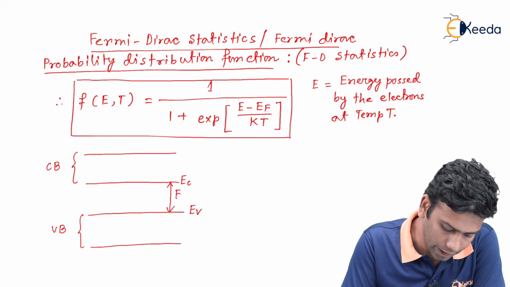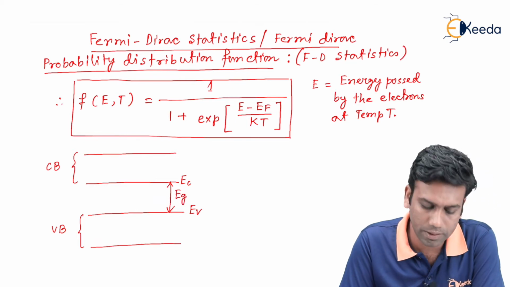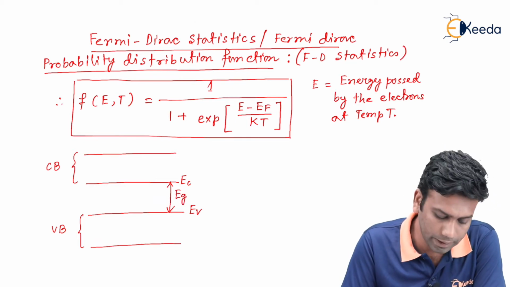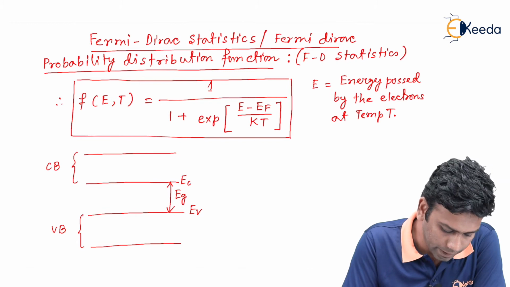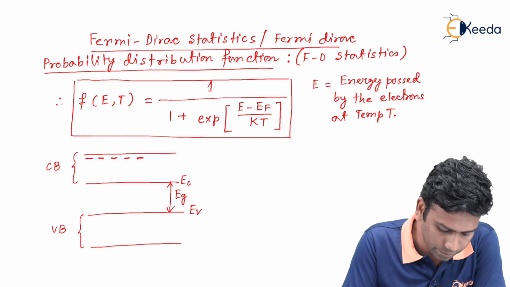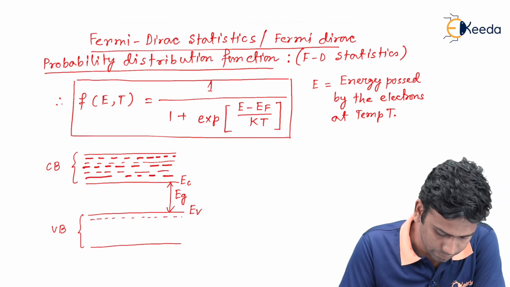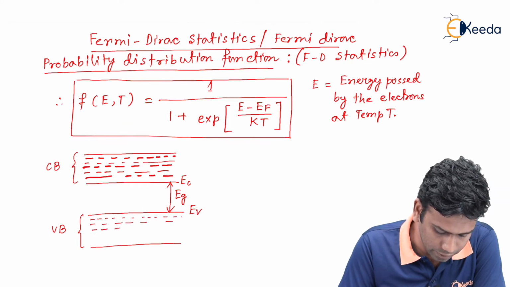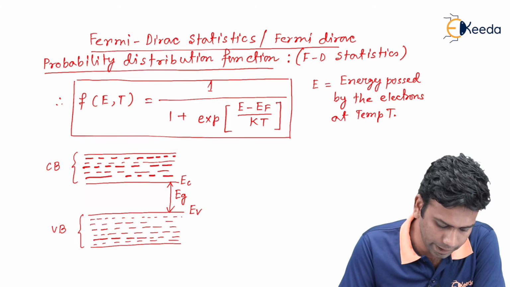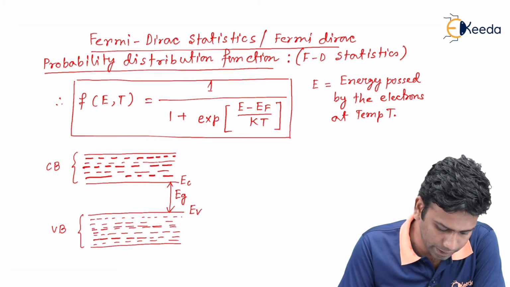and this gap is the energy band gap of the semiconductor, and there are so many energy levels inside the conduction band as well as the valence band. These dotted lines are the energy levels inside the valence band and conduction band.